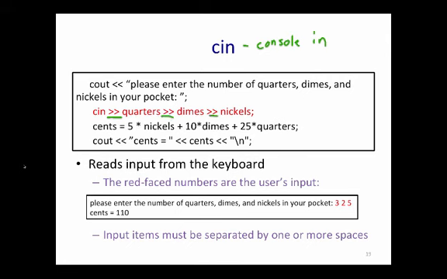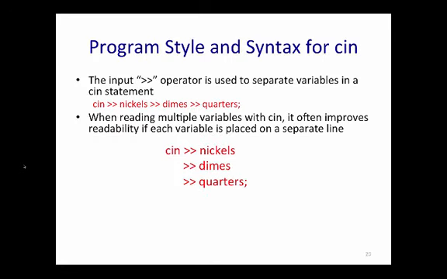So variables are separated by the greater than, and the reason it goes greater than is to give the idea of input going from the console to these variables. And it's okay to write your input either this way or this way. This second way often improves the readability. It's easier for a reader glancing at your program to see that we're reading a list of 3 variables. But either way is fine. This is just program style.